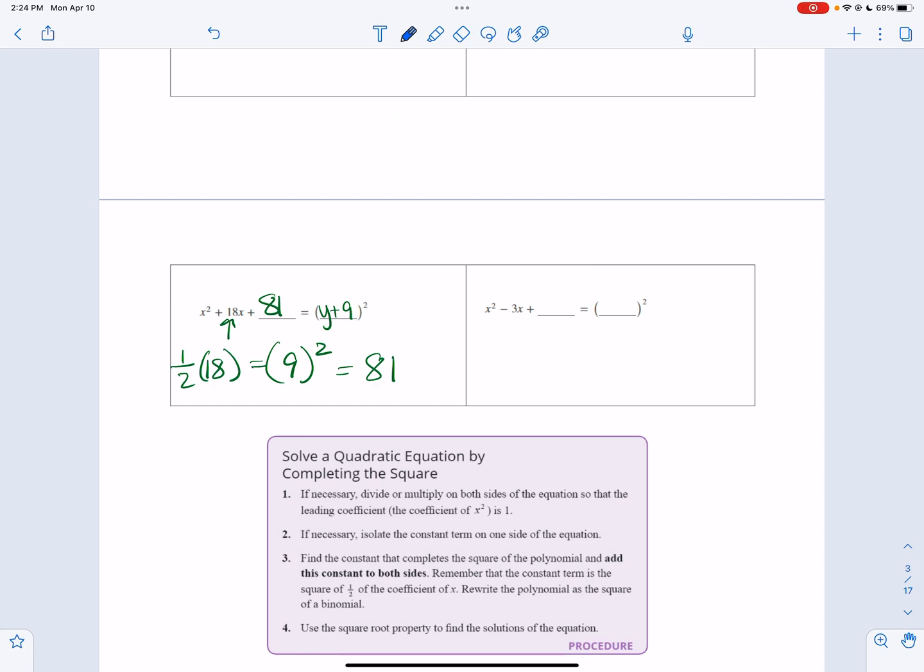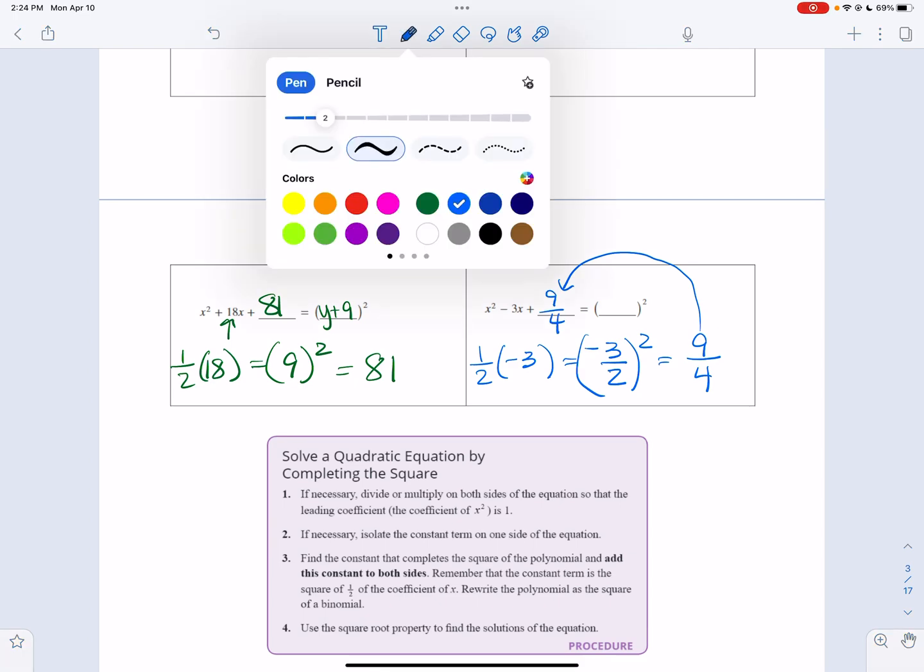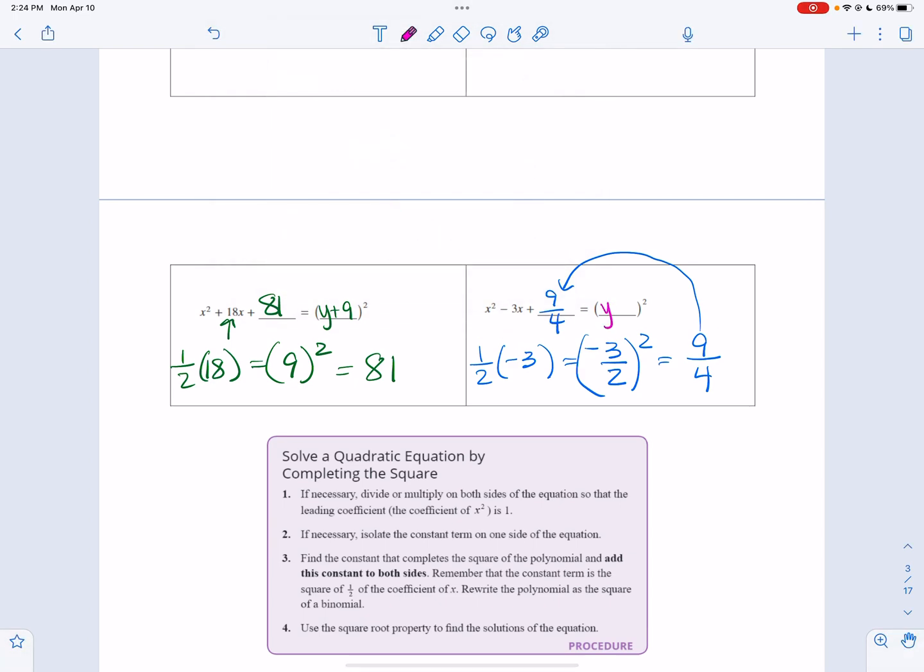Now we have an odd number, so half of -3 is simply -3 halves. Square it, and that becomes positive 9 fourths. That goes in the first blank. And then you factor it as y minus whatever this number is there.